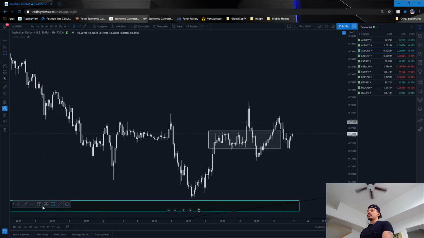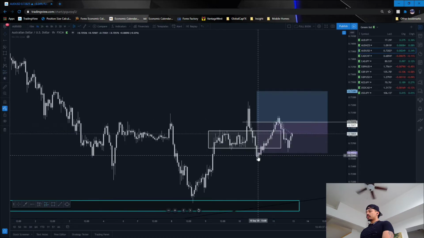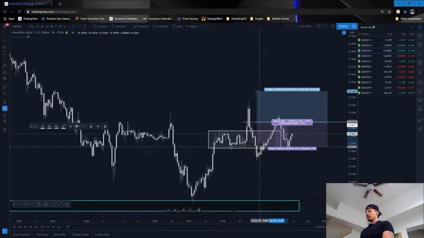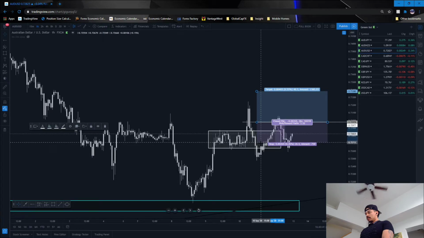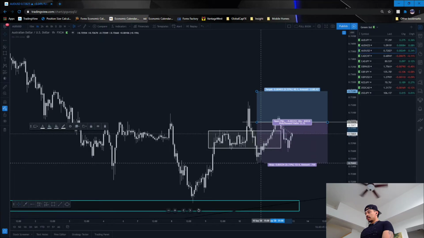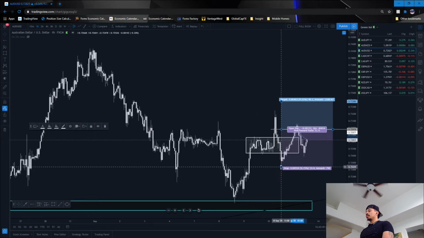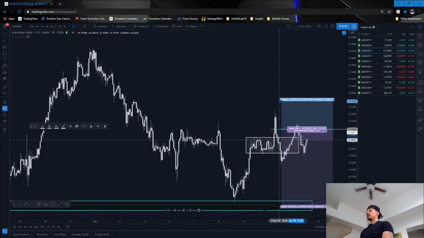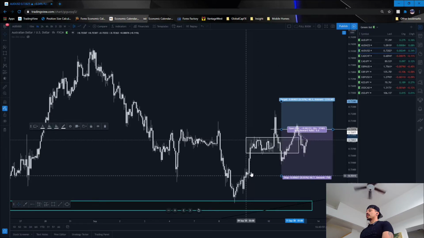I put my stop loss in the middle of this box here, roughly, to give myself a little bit of cushion. I probably should have put it here. The rule of thumb is to put it at the most recent low. So what I would have done was probably put it right here, which was the last area of price action.